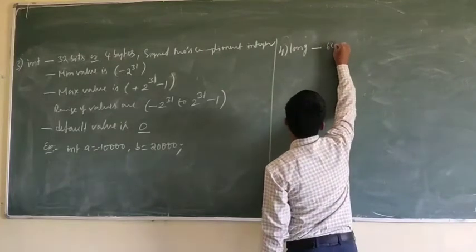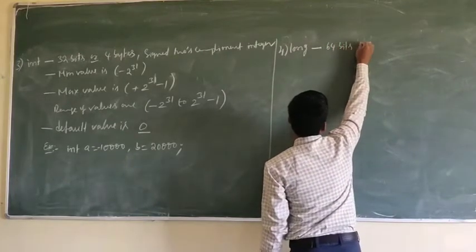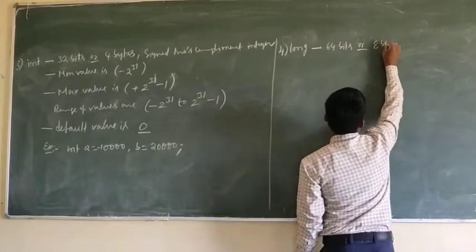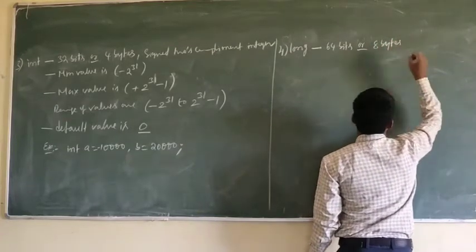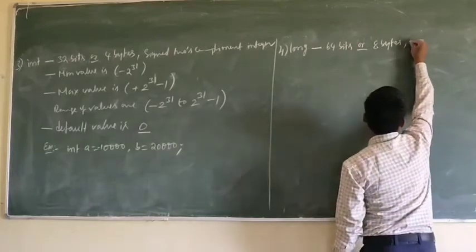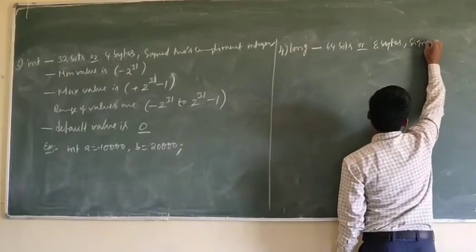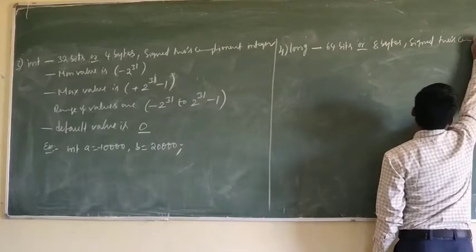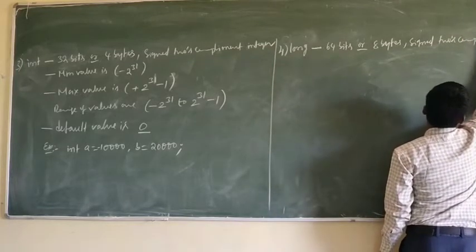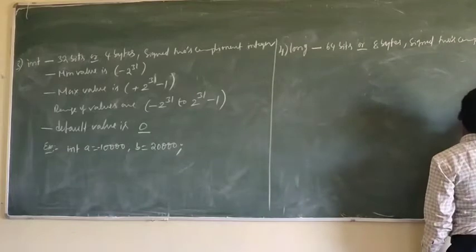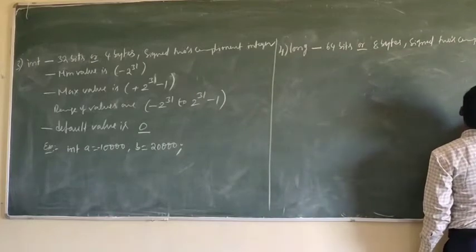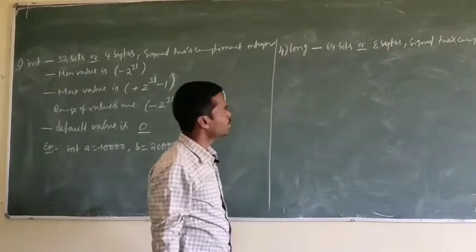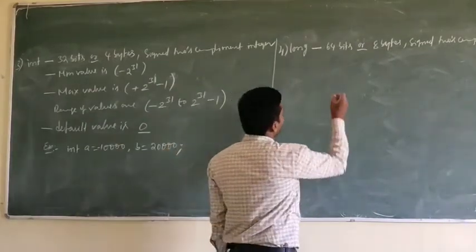It is 64 bits, or 8 bytes. 8 bytes of information can be stored as signed 2's complement integer values. It can also store both positive and negative integer values.